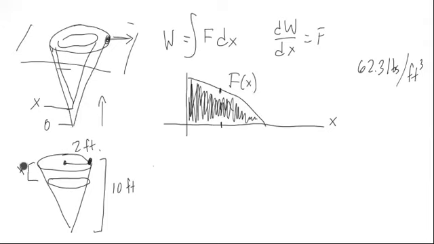X is simply that distance from there to there, as we're moving down. So that means that this height right here, from here to here, would be 10 minus X.